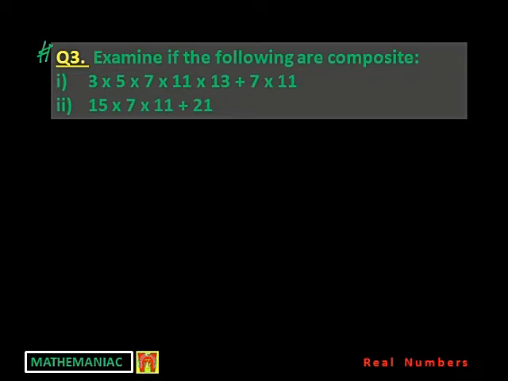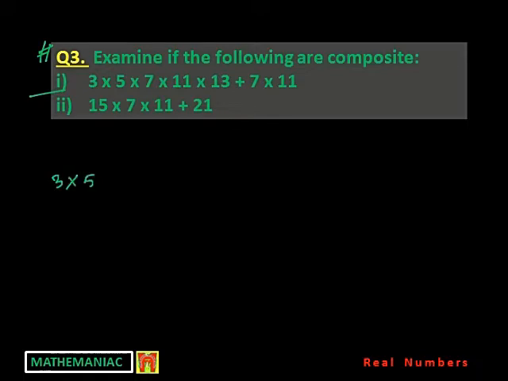A composite number is a positive natural number which has more than 2 positive factors. So just you have to identify from here whether each number contains more than 2 positive factors or not.